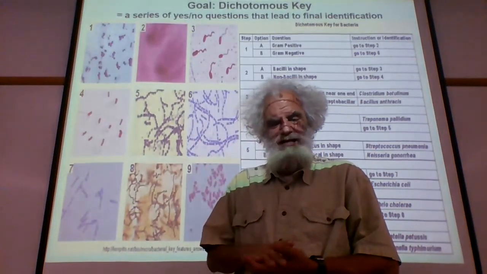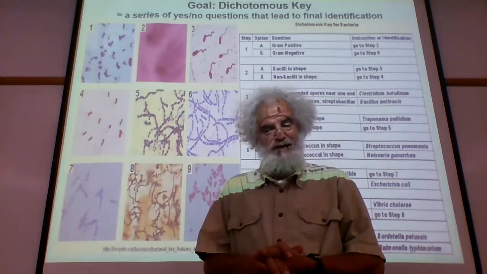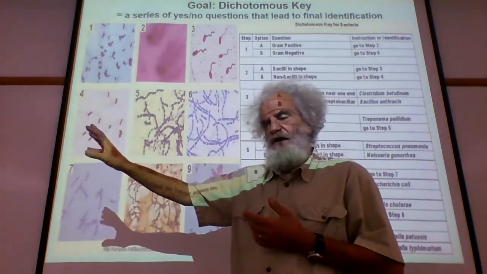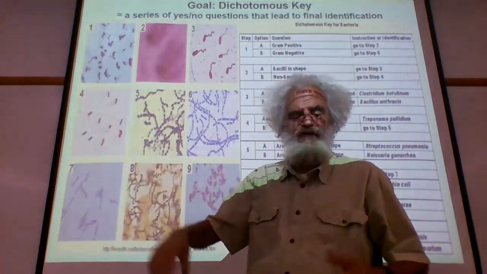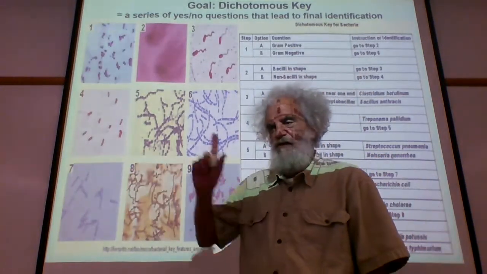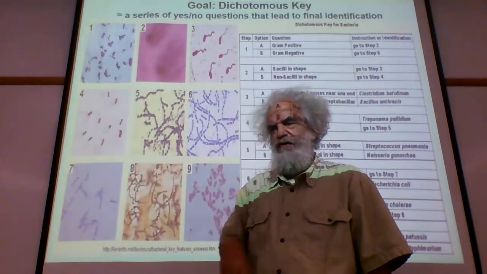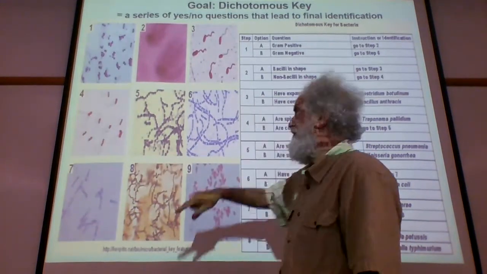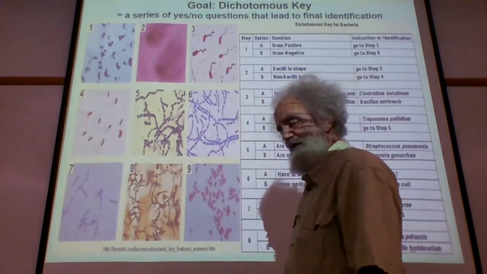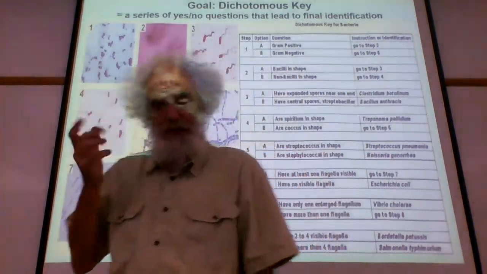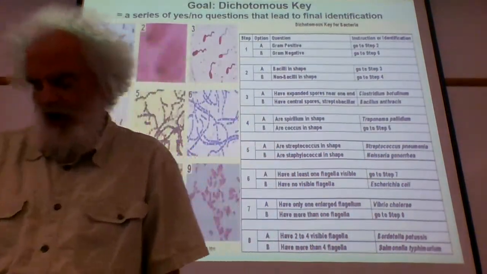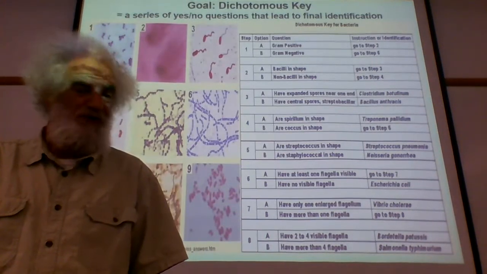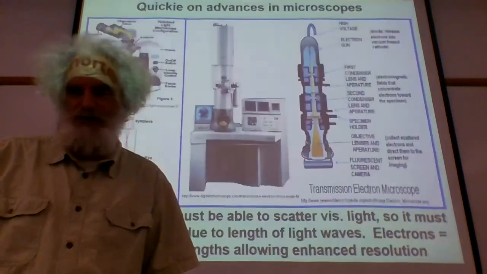You don't get great detail, and there's a lot of things you can't see, but with stains you can see the different kinds of shapes, and you can also see where they have the various flagella or different kinds of motility mechanisms. And so the light microscope is a very important tool. Another tool that is also critical to a lot of basic research is the electron microscope.